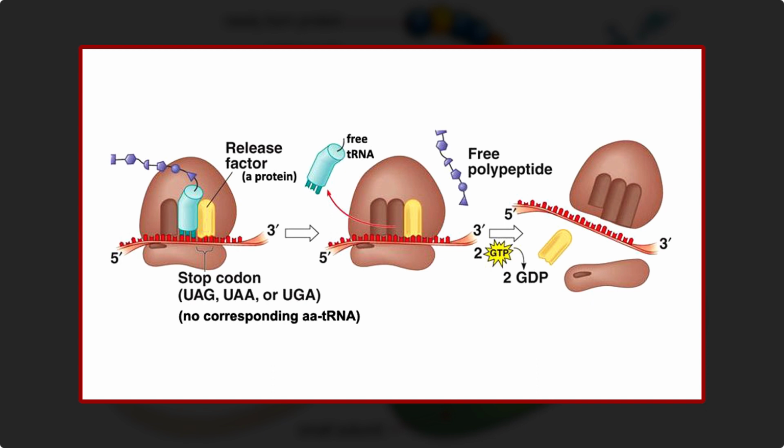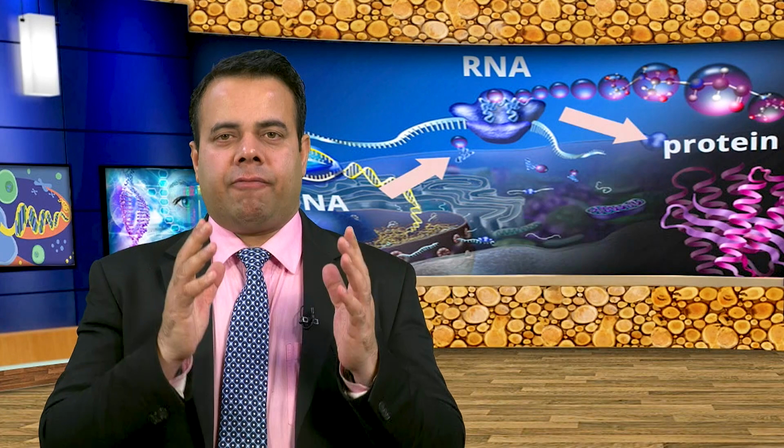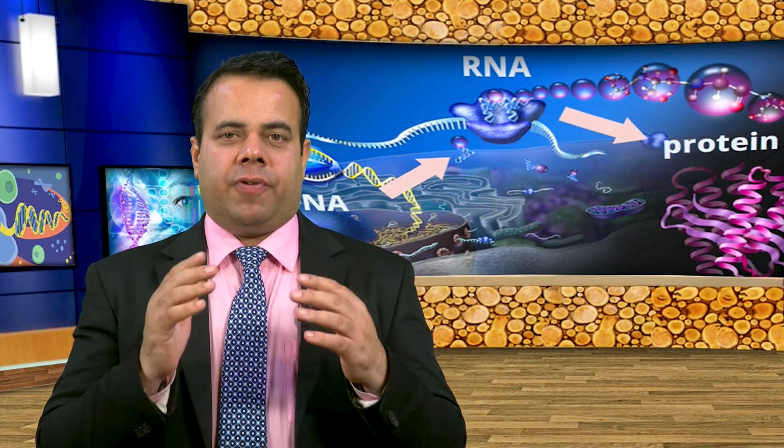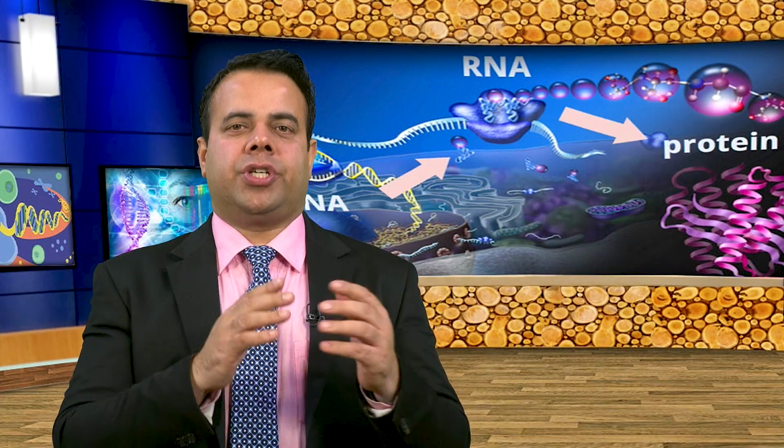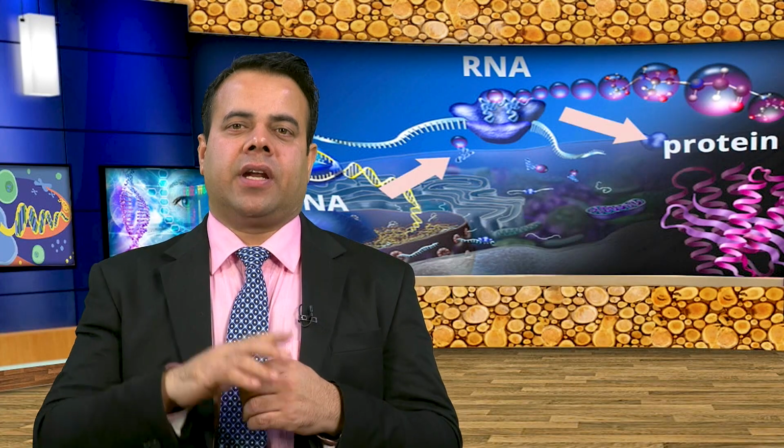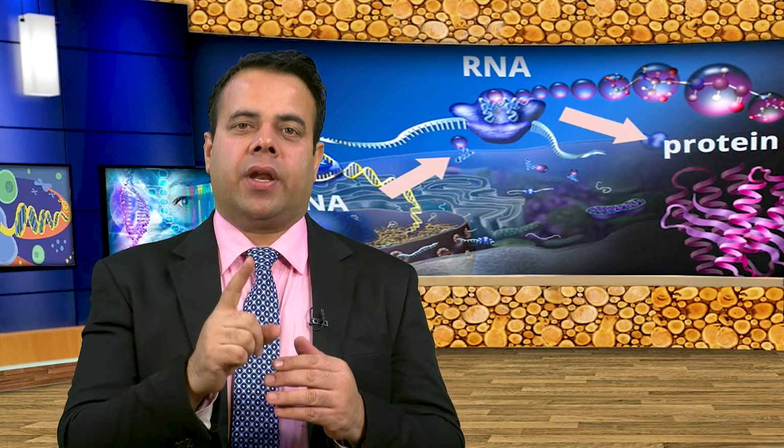Instead, one of the two release factors, that is RF1 and RF2, binds instead. RF1 recognizes UAA and UAG, whereas RF2 recognizes UAA and UGA. A third release factor, RF3, is also needed to assist RF1 and RF2 interaction with the ribosome.